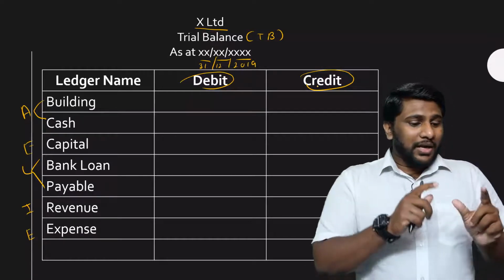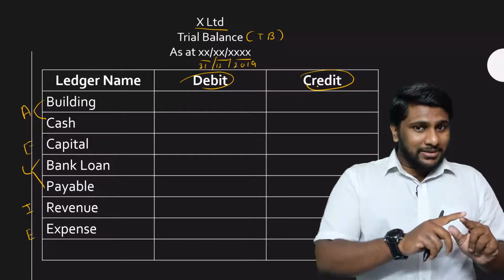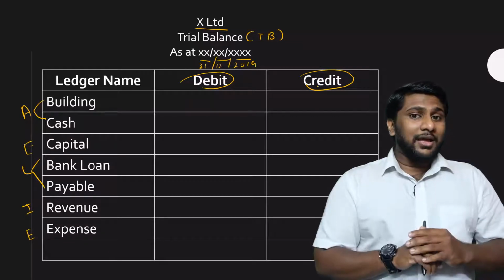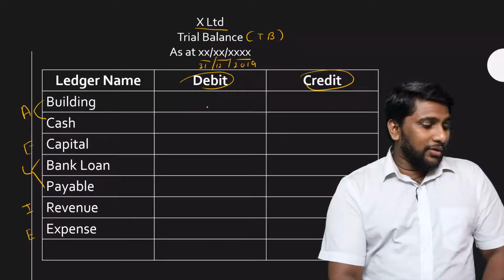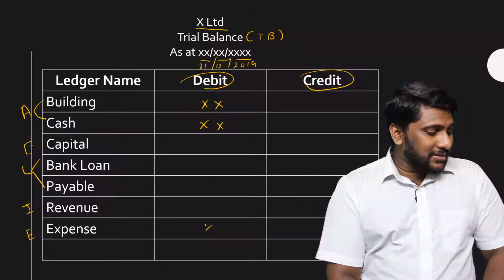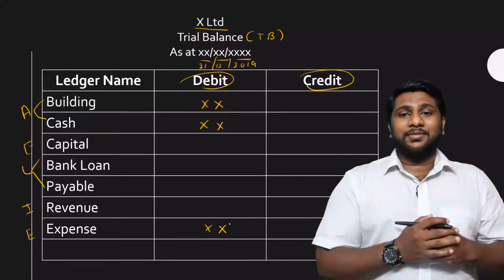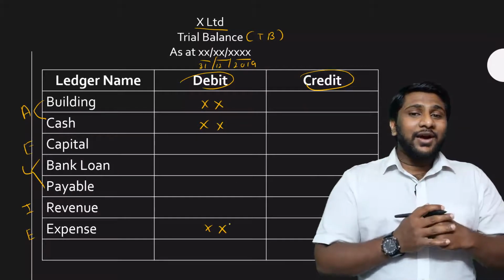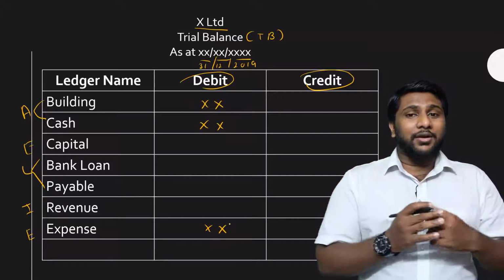In this particular example, the building is an asset, the cash is an asset, and there are expenses. And on your credit side, what types of ledgers are you recording?